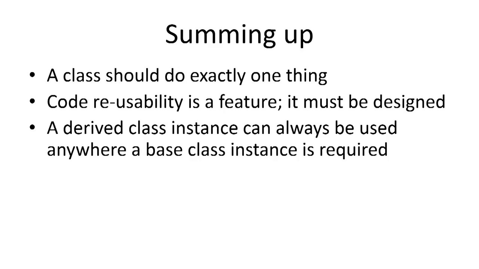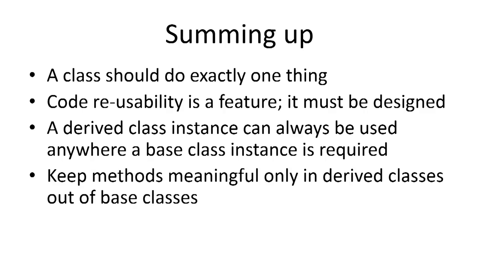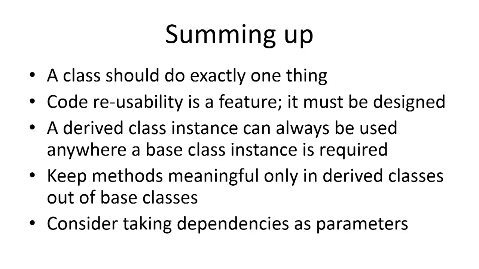A derived class instance can always be used anywhere that a base class instance is required. You should keep methods that are meaningful only in derived classes out of your base classes. You don't want your giraffes laying eggs. And you should consider, when you're designing a class, if that class depends on another class for a particular service, maybe it should be providing some way for that service to be passed in, rather than creating one out of whole cloth.